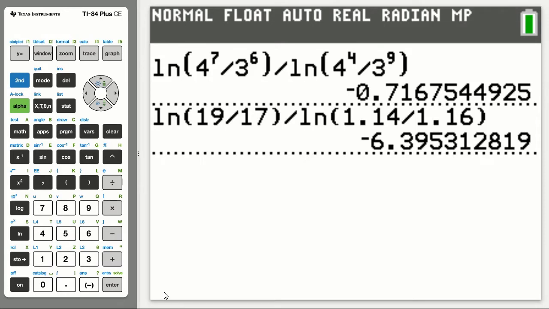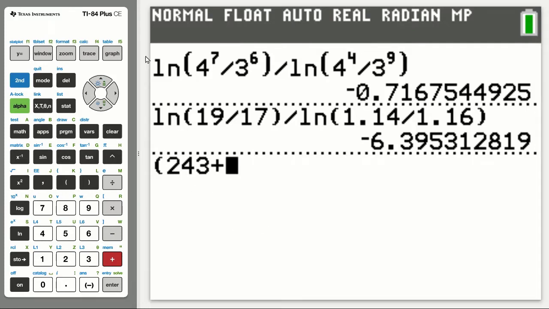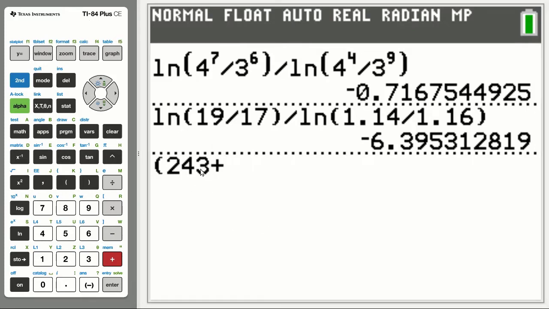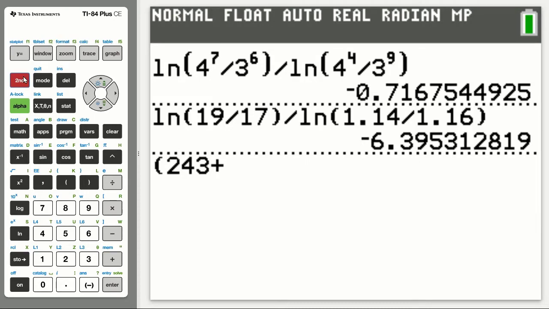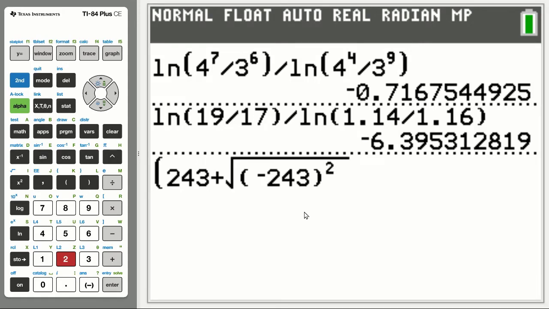So now quickly on the calculator, I'm going to open parentheses, 243 plus. This calculator is strong enough to do the entire quadratic formula in one command. So 243 plus the square root, and now open another parentheses, minus 243, and it's still inside my square root, but I'm going to use the arrow key to exit out of superscript mode.